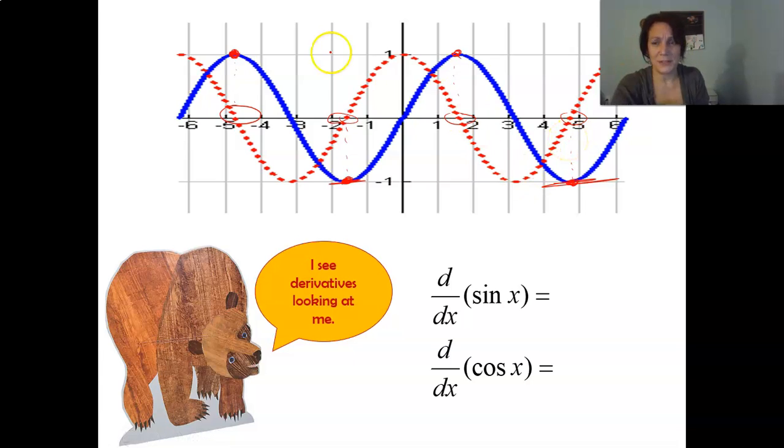The other thing we notice here is that whenever sine has positive tangent lines, so in this region, all the way from here to here, and then again from here to the end, notice what cosine's doing. In this whole interval, cosine is above the x-axis.